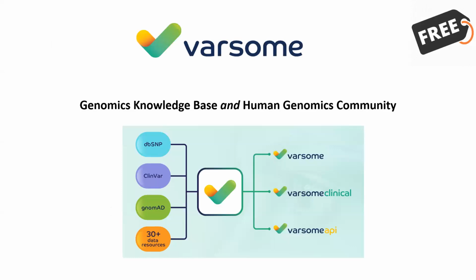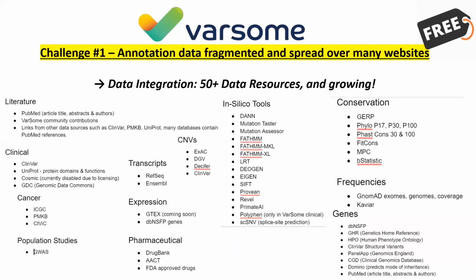And so VarSome, I guess some of you might have seen it before. VarSome is a free and open platform. It's a global community and genomics knowledge base. What VarSome does in the first place is aggregate and cross-reference publicly available annotation data.